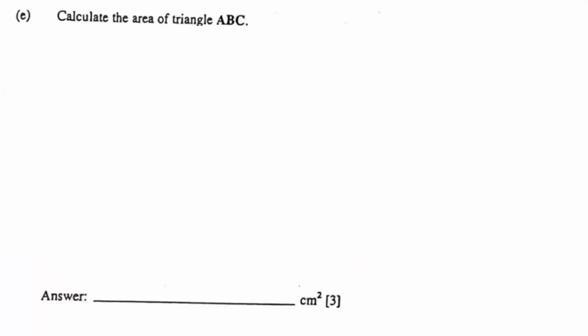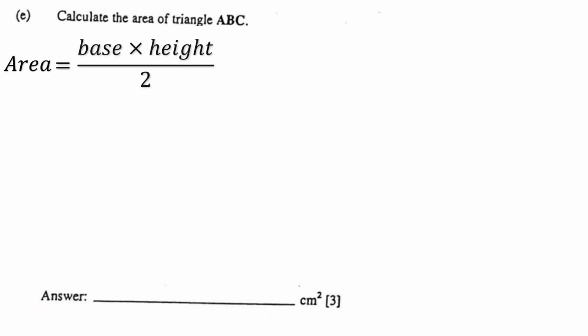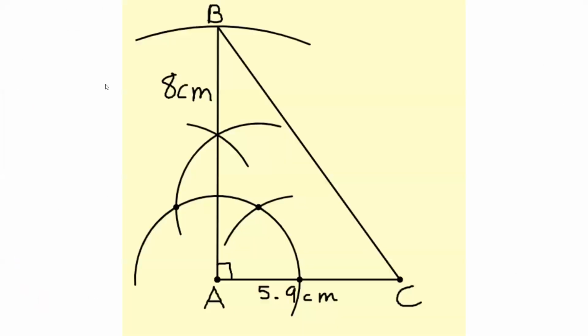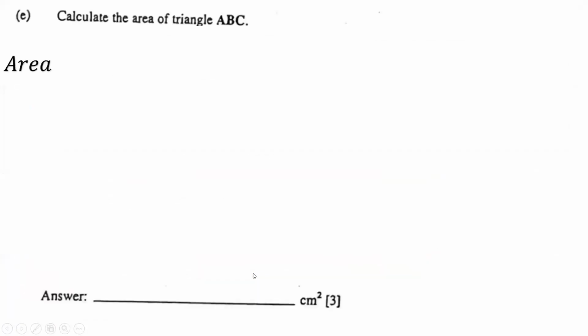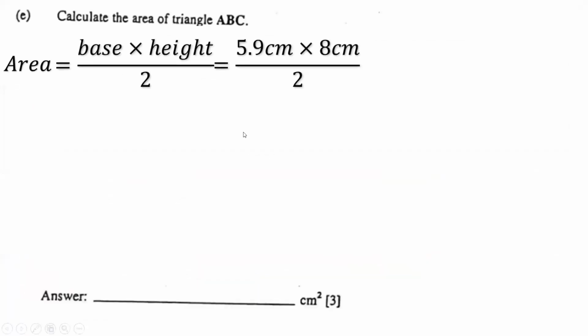So what is the area of any triangle? Well, the area of a triangle is going to be base times height. Like we said before, the base of this triangle is 5.9 centimeters, and the height of this triangle is 8. So it's going to be base times height divided by 2. The base is 5.9, the height is 8 centimeters.